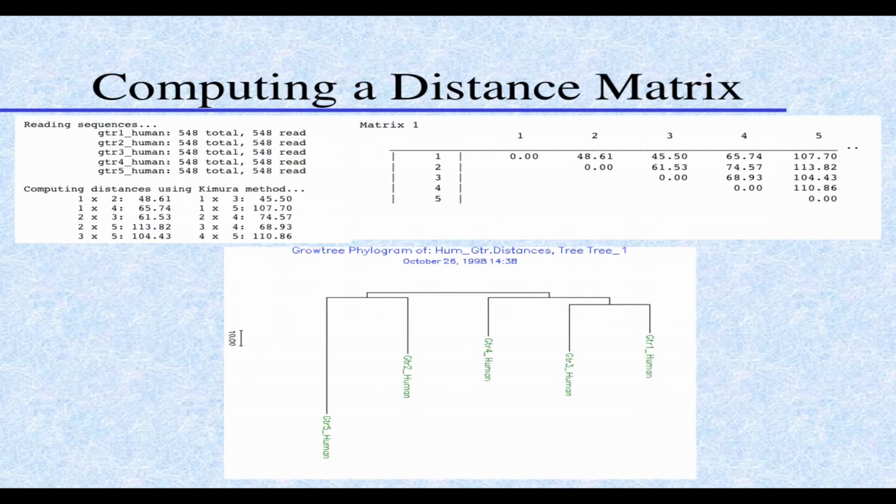So you have your sequences, you compare A to B. You can think of this as just like a Smith-Waterman or a BLAST, where there's a single number that represents the number of differences in the aligned sequences between A and B, A and C, A and D, etc. So eventually you get the distance matrix, right? Between 1 and 2 is 48 differences, between 1 and 3 is 45, between 3 and 4, etc. Some pair of sequences in this matrix will have the shortest distance, the two sequences that are most similar to each other.